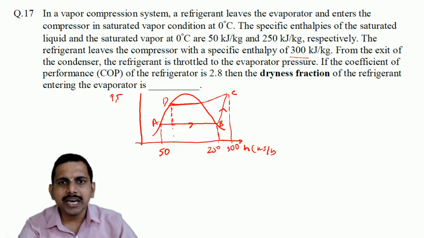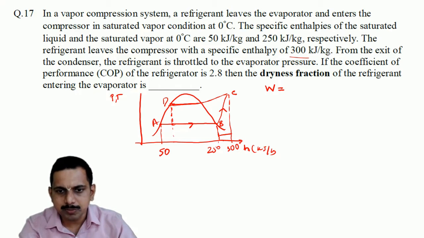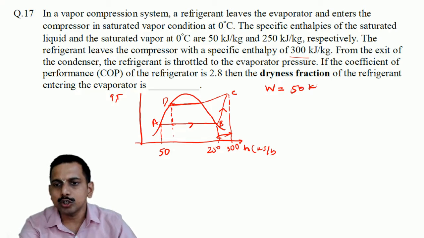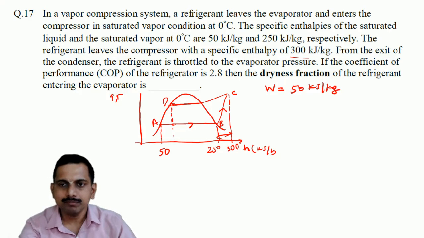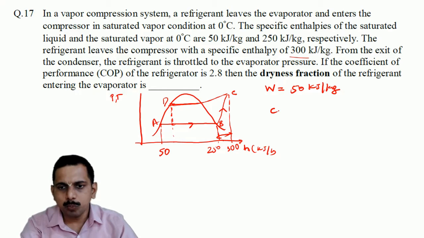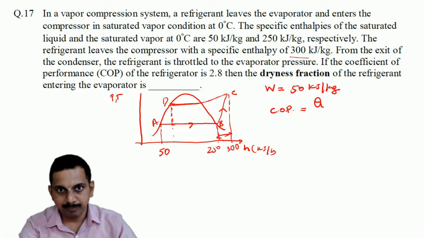Now what is the energy taken by the compressor? The work done by the compressor is given by this particular difference, in kilojoules per kg. So it is 50 kilojoules per kg. Fine. Now when you say COP, what does COP mean? COP means heat absorbed in the evaporator divided by the work done.